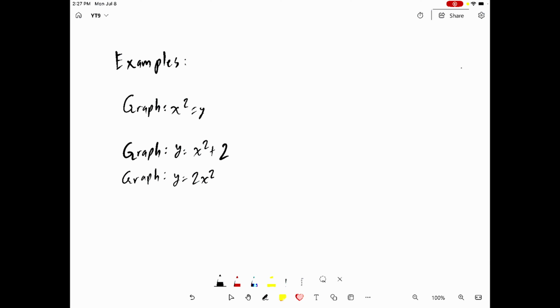Our 3 examples for today are: graph y is equal to x squared, y is equal to x squared plus 2, and y is equal to 2x squared. Let's start with the first equation. Graph y equals x squared. First, we have to draw our coordinate plane.